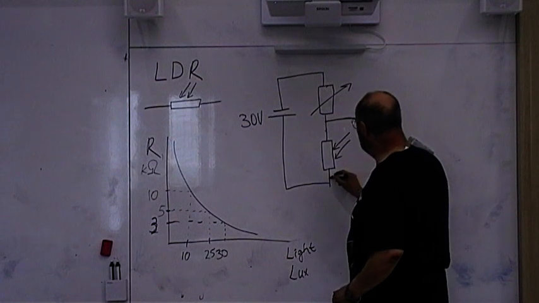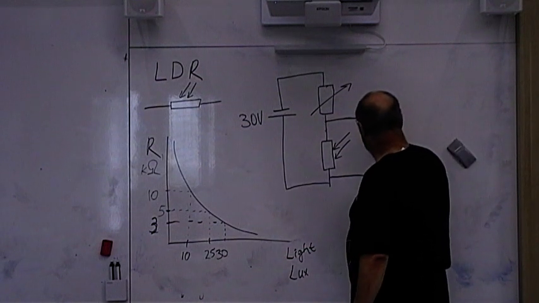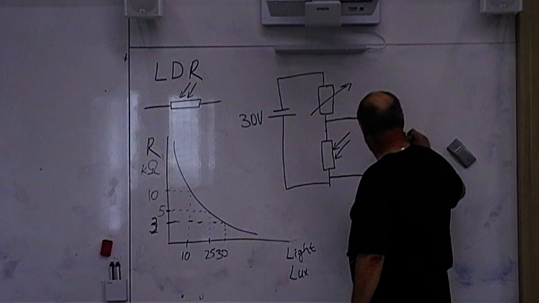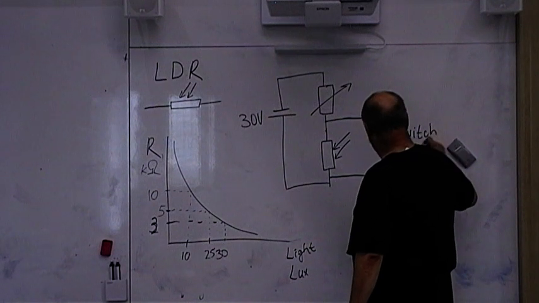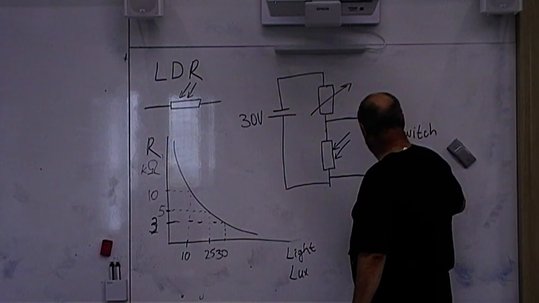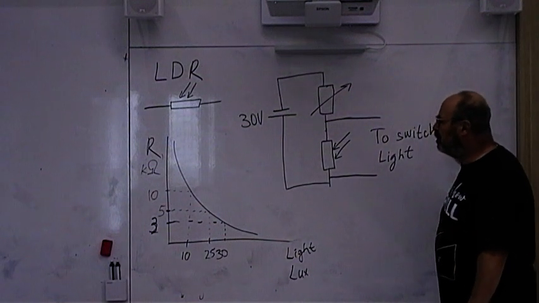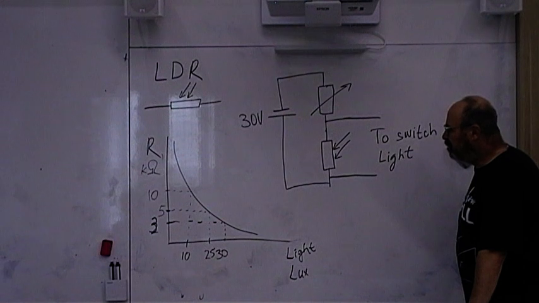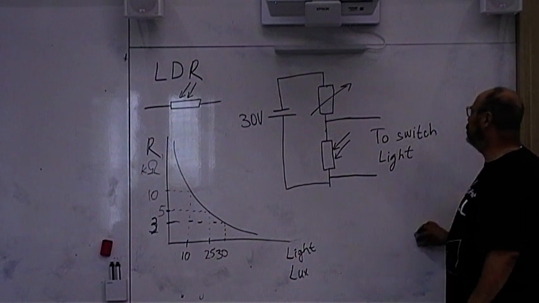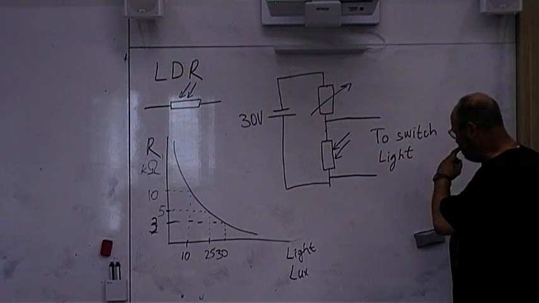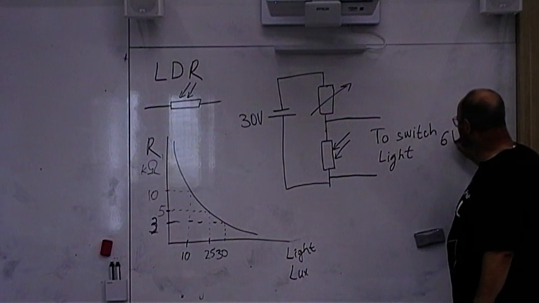So that is to switch light. Let's say to switch light we need 6 volts.